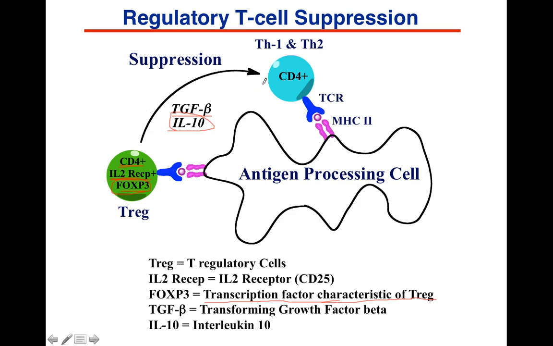So the IL-2 that's being produced by the T helper cells can activate these cells, and there are a lot fewer of them.